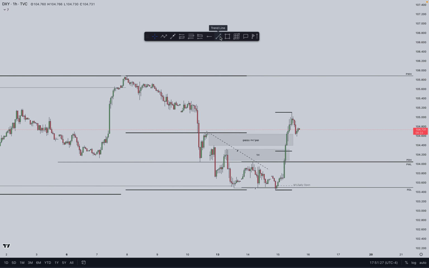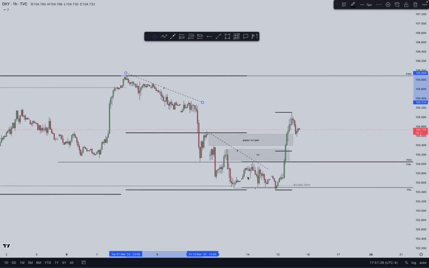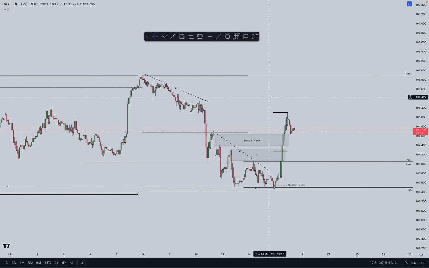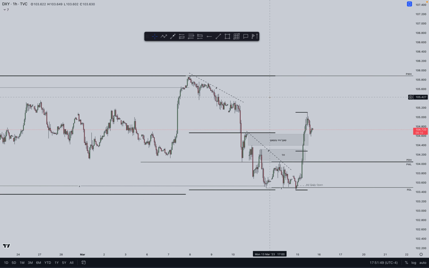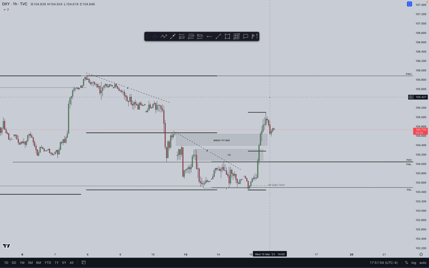However, DXY, unlike EU, hasn't taken its previous weekly high after taking the previous weekly low, which EU has on the inverse. So we need to wait for structure, as I said, on EU, because there's still this trend line liquidity here that could possibly see higher prices on DXY, meaning lower prices on EU.